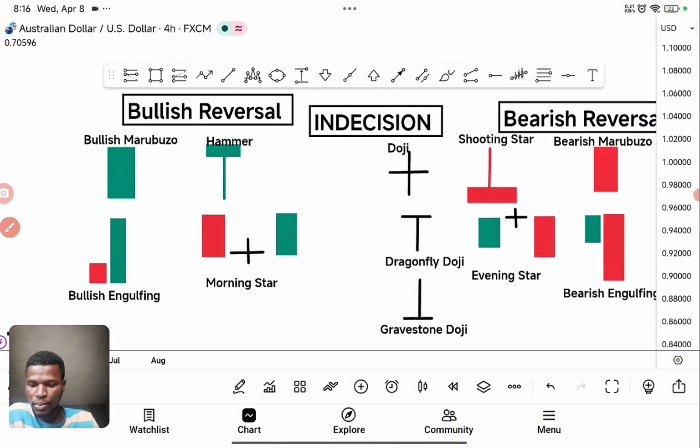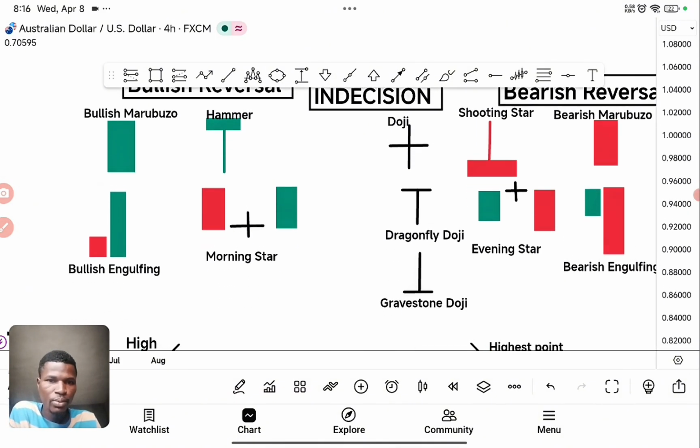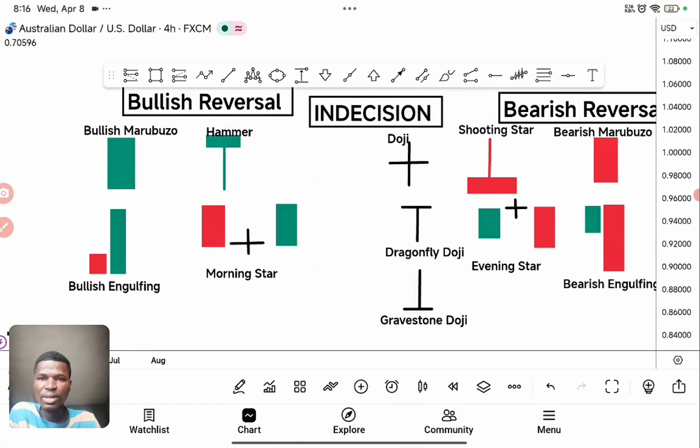As I mentioned, this indecision candle. So these candles don't just operate randomly. You will always spot these candlesticks everywhere on the chart. They are a combination of candlesticks, formed from market structure and chart patterns.